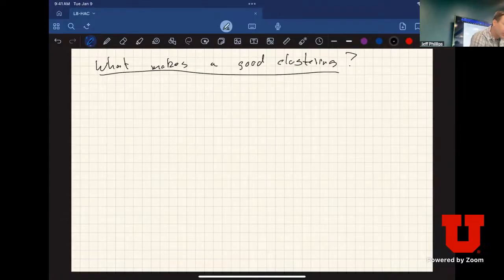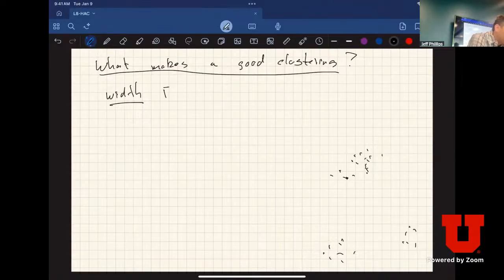Let me try to abstract some of this notion. Again, our data might look like this. We're going to quantify this with two properties. The first is the width, which is something about the variation within a cluster.